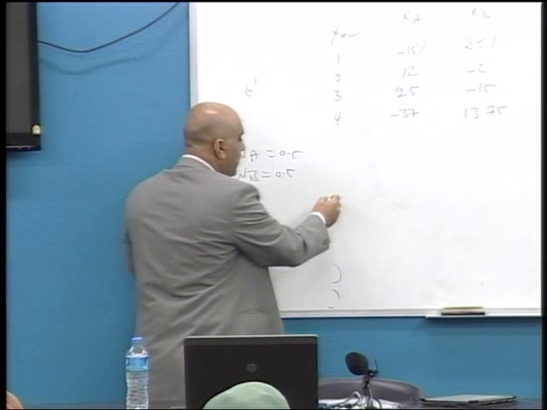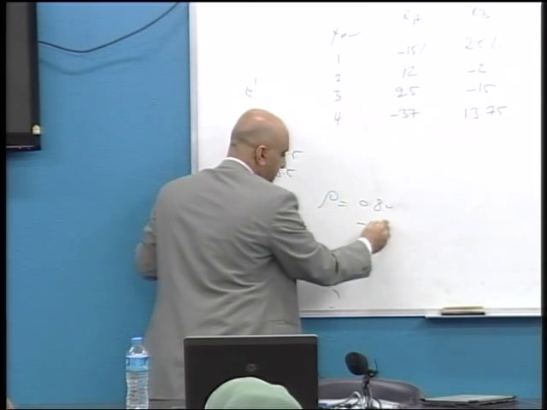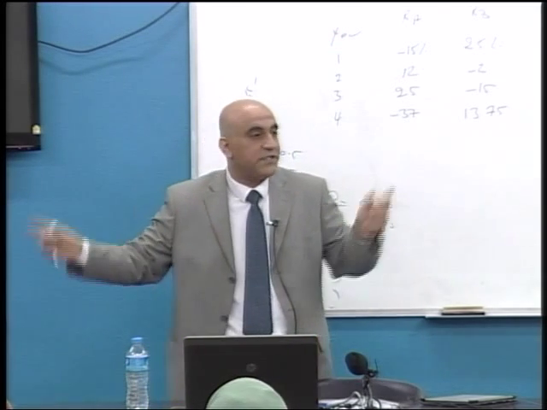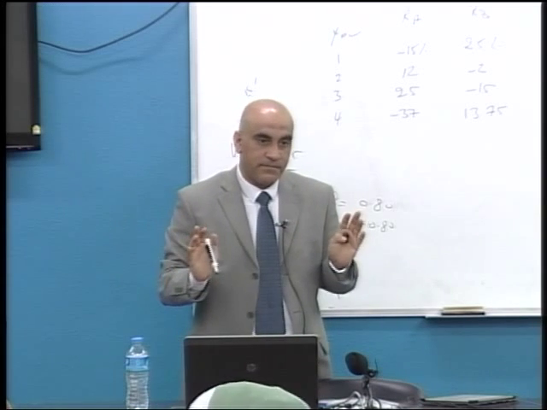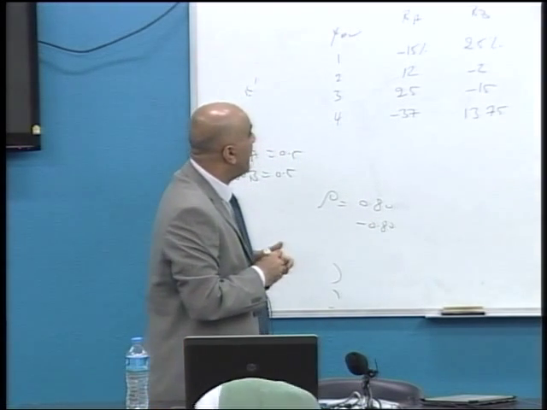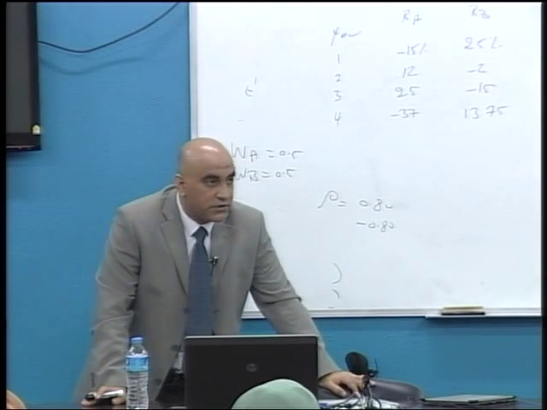For instance, the rho could be 0.80 or minus 0.80. Based on your assumptions, calculate the return of the portfolio and the sigma of the portfolio. Now, look at the return of A and the return of B. What do you think about the correlation?